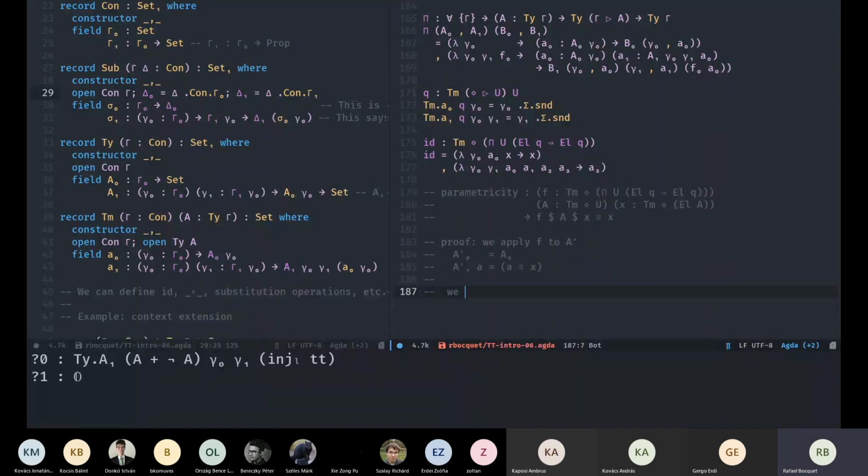Then we can prove that we have x prime, an element of A prime, where x prime 0 is x0 and x prime 1 is the reflexivity proof of this equality.